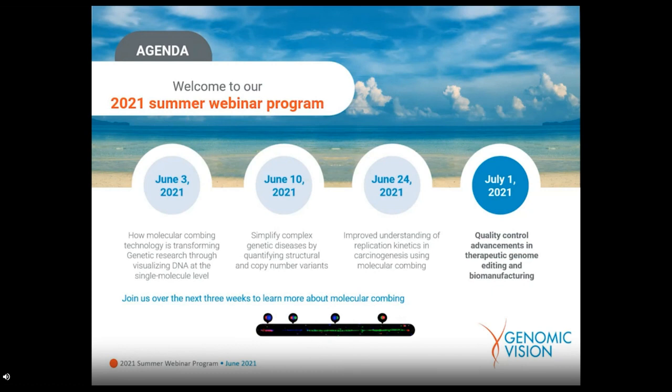During the second session, you learned how molecular combing can simplify complex genetic diseases by quantifying structural and copy number variants. And during the third session, we presented how molecular combing improved understanding of replication kinetics in the oncology field. And I'm happy to present today our last webinar session on quality control advancement in therapeutic genome editing and biomanufacturing.